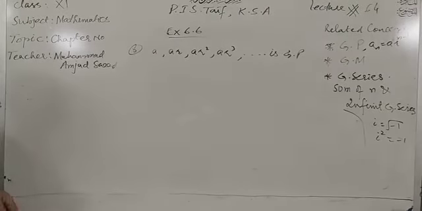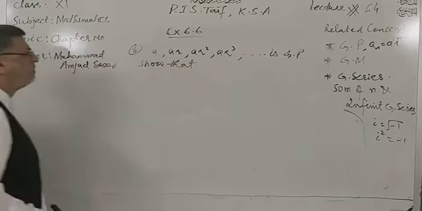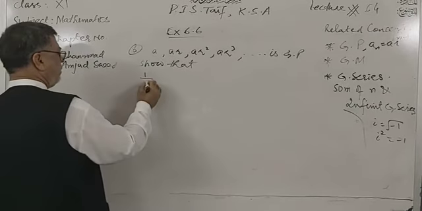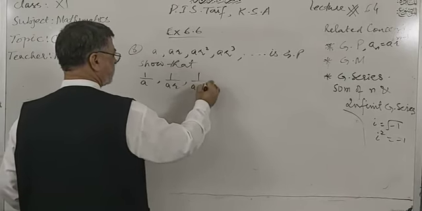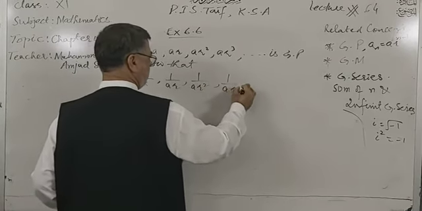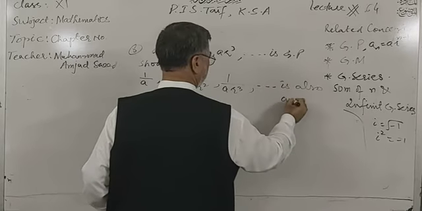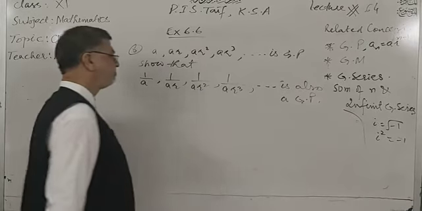The question is, show that the reciprocal of these terms, 1 over A, 1 over AR, 1 over AR square, 1 over AR cube, and so on, is also a GP, geometric progression.